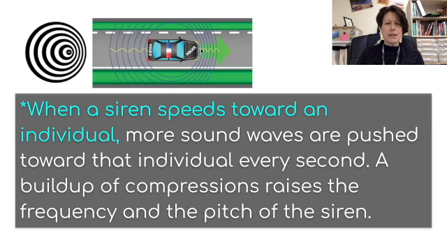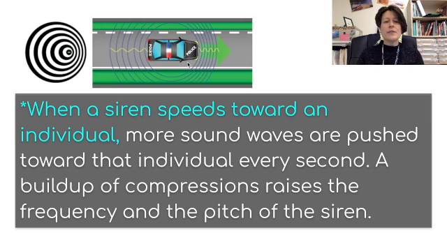So you can see here with this police car, okay, it's speeding along, going after somebody here. What happens is these sound waves get all scrunched up. They have a higher frequency than the sound waves that are spread out behind the police car. So, higher frequency, higher pitch, lower frequency, lower pitch.